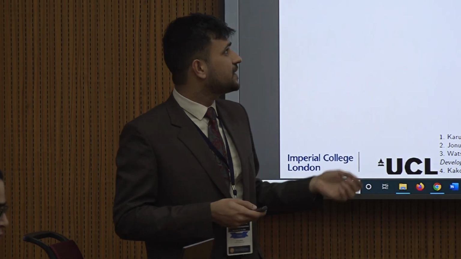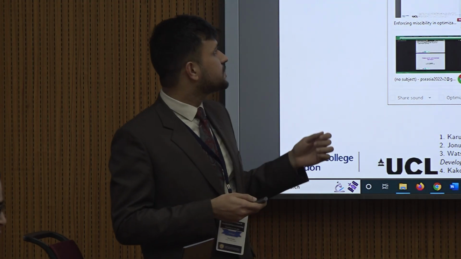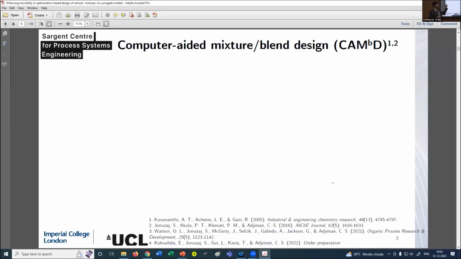Luckily, and you might have heard Professor Ghani talk a lot about this on Sunday, there are systematic approaches to explore this combinatorial space, known as computer-aided mixture or blend design, or CAMD in short. I'll just quickly explain what CAMD is again.